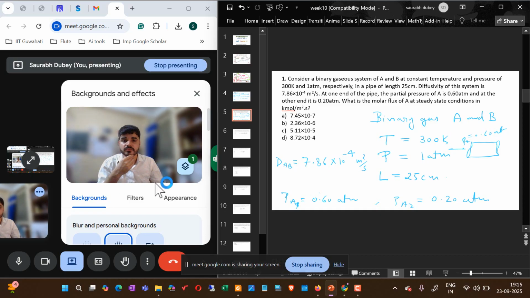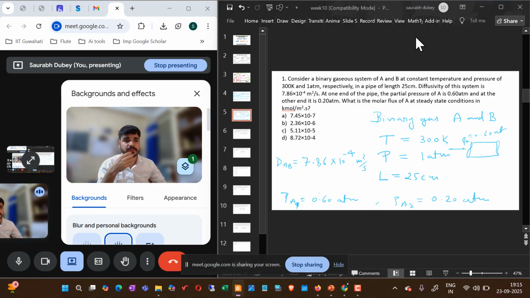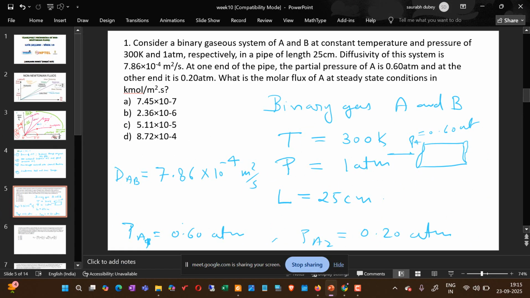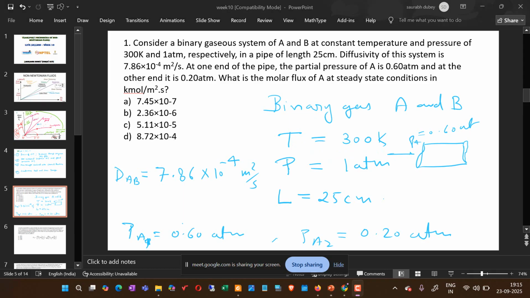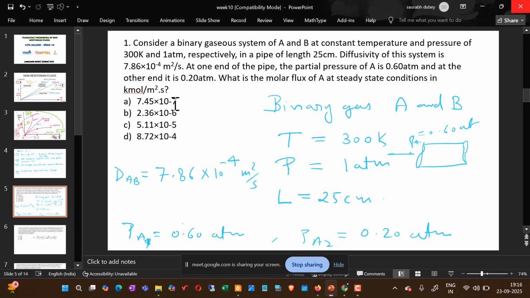in kilomole per meter square per second? Okay, so just attempt this. Please attempt this and then we will be discussing it. So what is the molar flux of A at steady state condition?